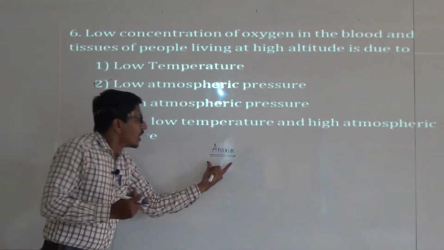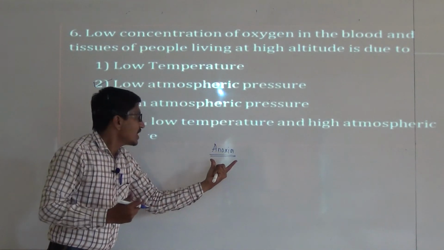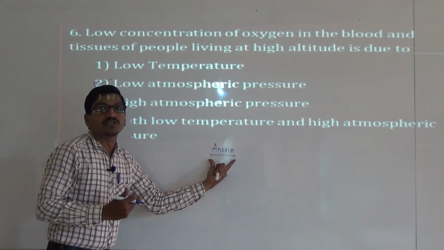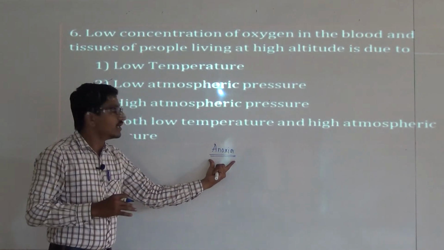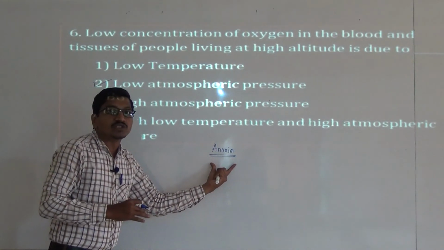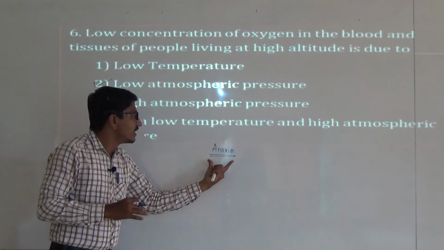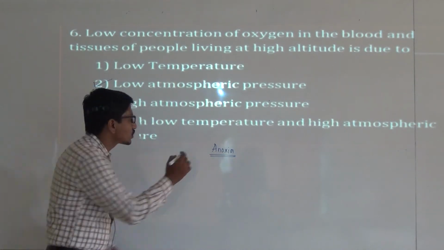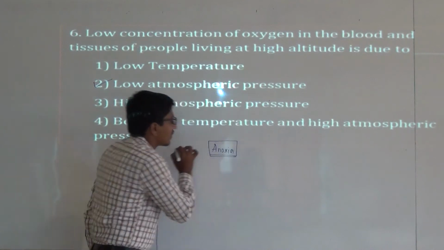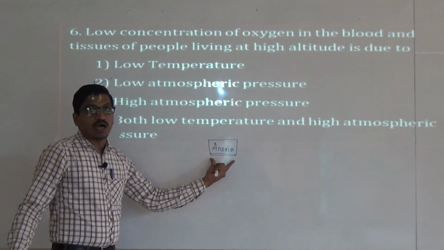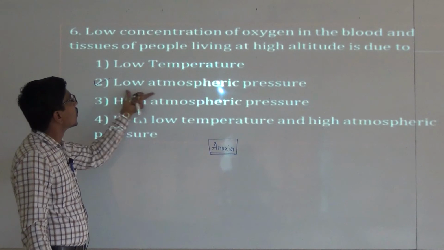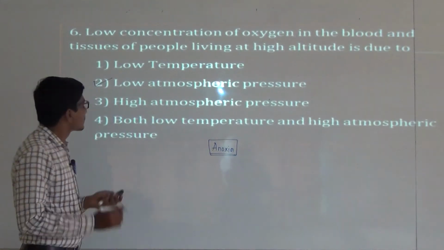This causes anoxia. For people living at high altitude, the concentration of oxygen in blood is very low, and this causes the symptom called anoxia. The option for this is low atmospheric pressure, the second one.